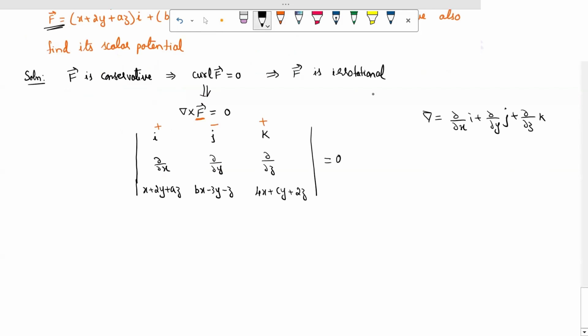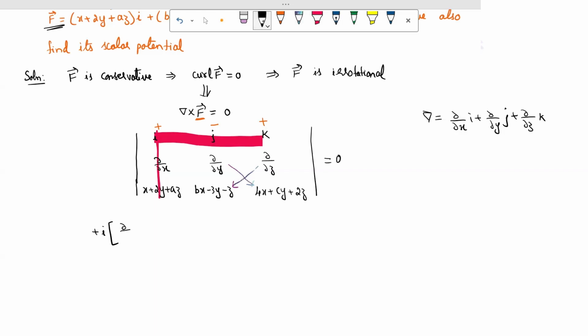Expanding, plus i times: you close the row and column where i is, so you are left with these values, and you cross multiply.